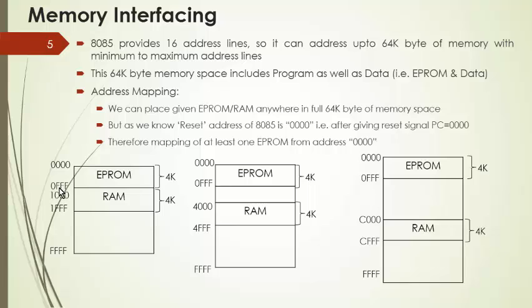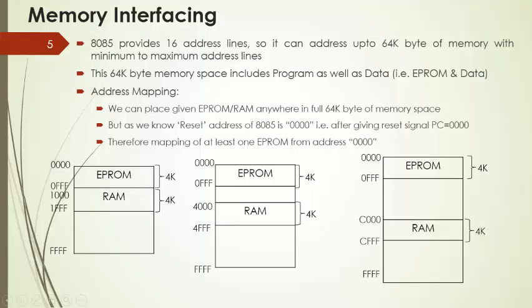The reason behind this 0FFF address is the 4 kilobyte memory capacity. If you convert 0FFF to decimal, you will get approximately 4 kilobytes of memory capacity. After this 0FFF, the RAM IC with the same 4 kilobyte capacity is placed starting from 1000 hex and ending at address 1FFF hex.